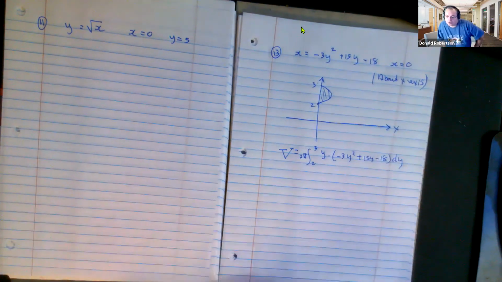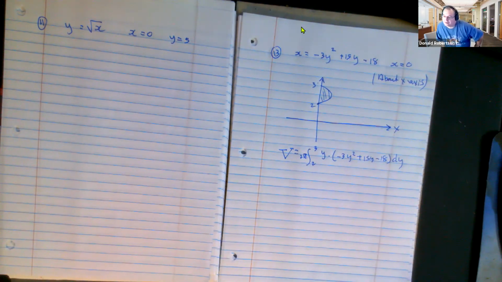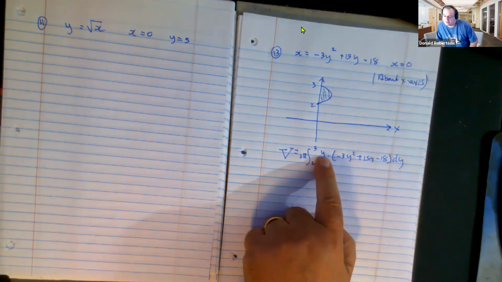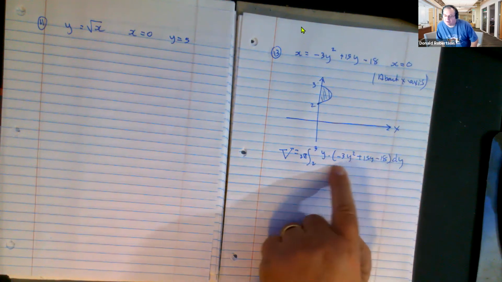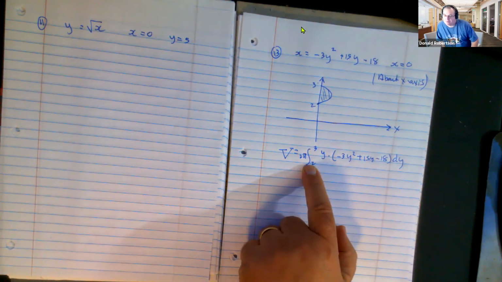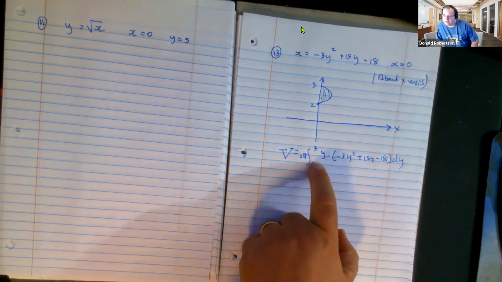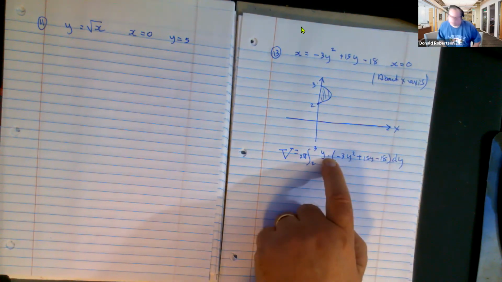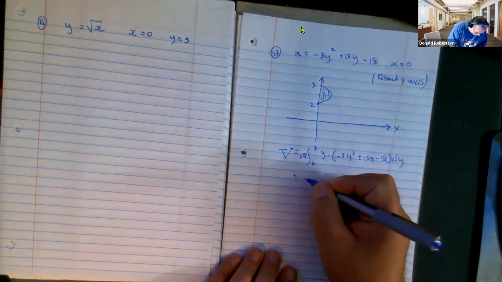I know I cut some corners out there, but you're happy where all the pieces are coming from? There's my 2 pi, there's my y, there's my f of y, there's my start value of y and my finish, 2 to 3. Distribute this and then some ugly power rule. So we'll call that one good.